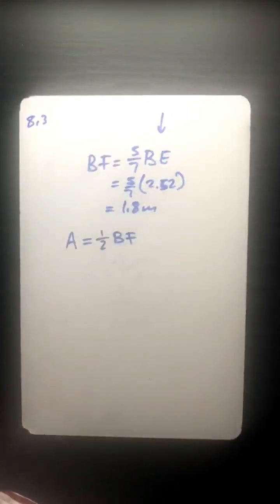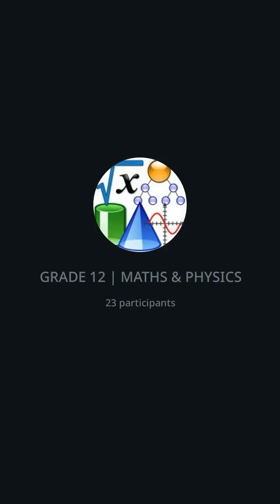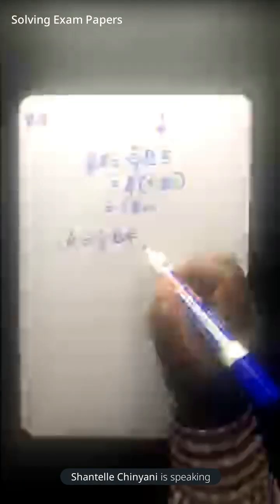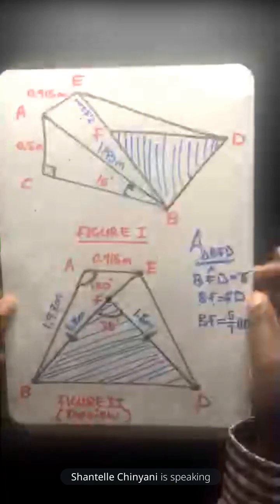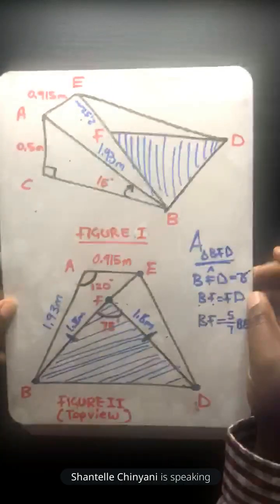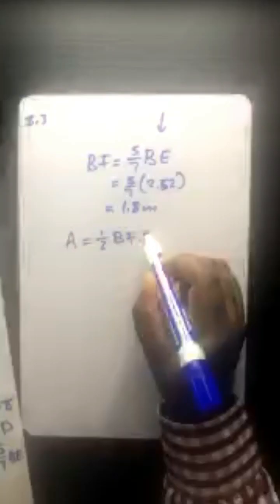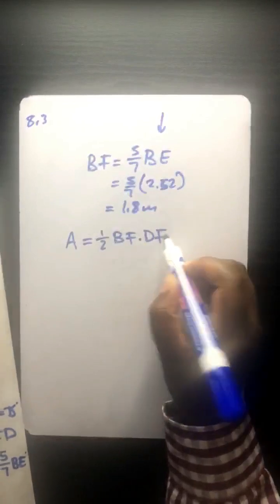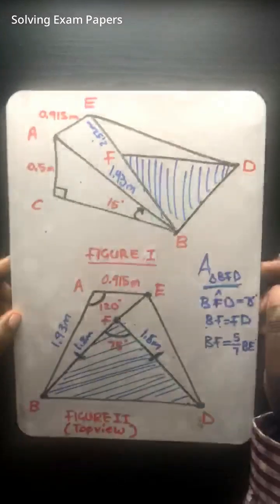Let's see, where's BF? Okay, there. And then would it be times the other side? I mean this side here. Is it DF or is it FD? DF times DF. So let's start with the letter that comes first. So D comes first.